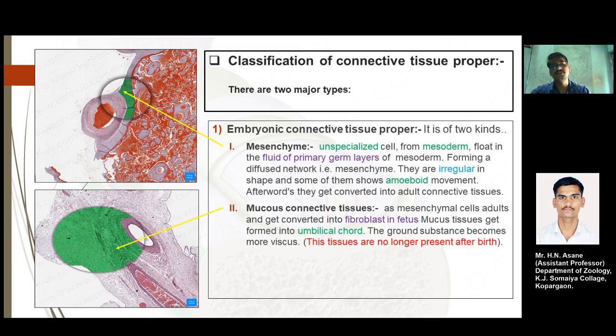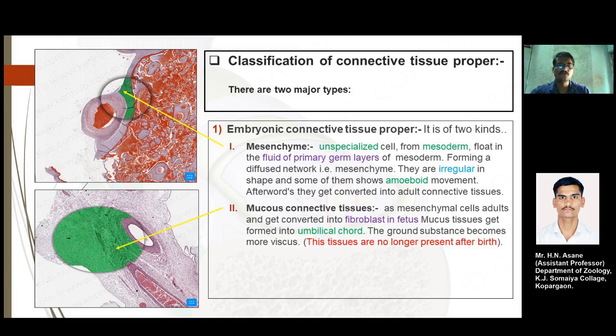That means the proper modification from the embryonic condition, that is the mesenchymal cells, towards the connective tissue, which has the main property of supporting the organs.